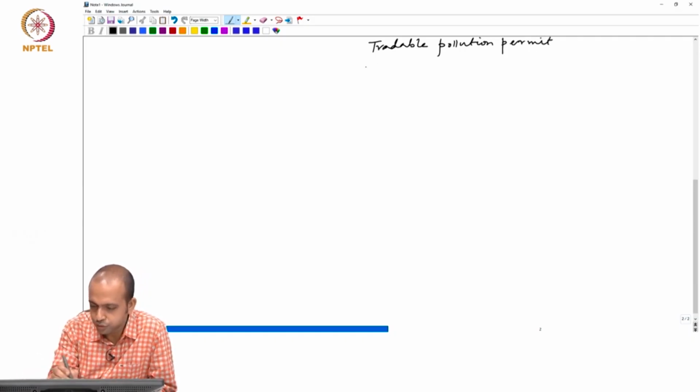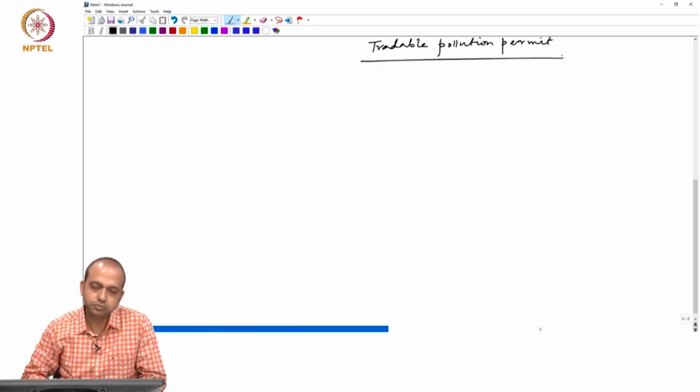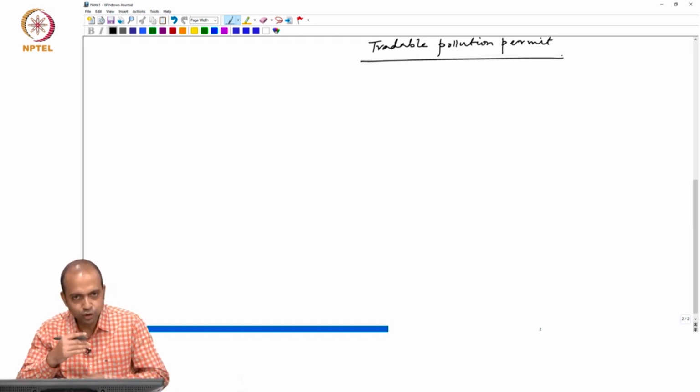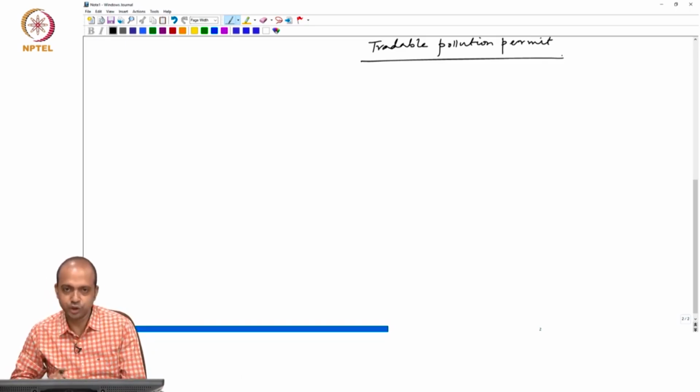Now, from the name itself, it suggests that some kind of permit is given to the firms for pollution, and then they are allowed to trade these permits among themselves.